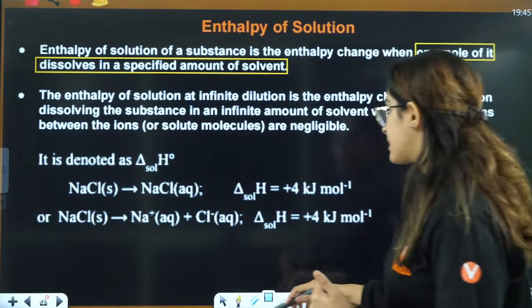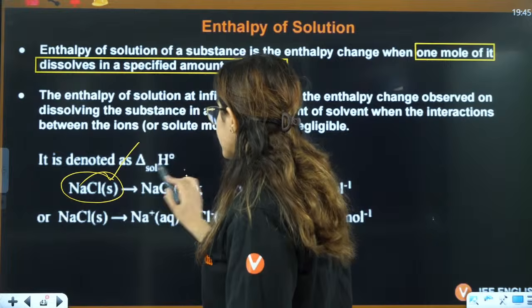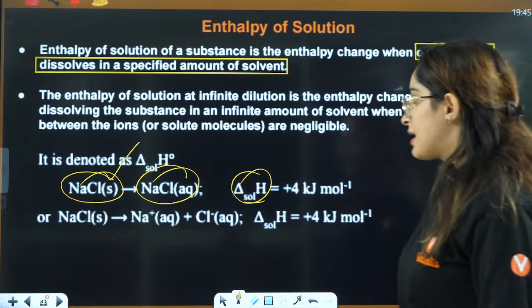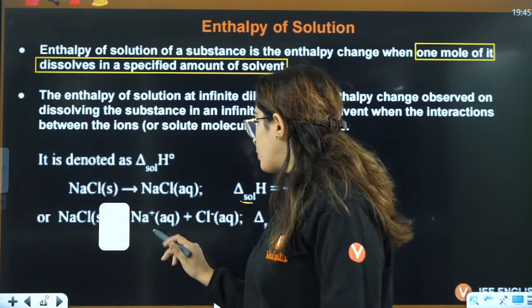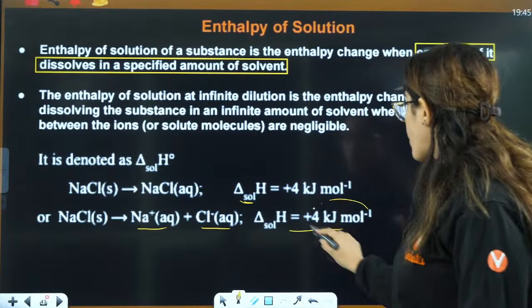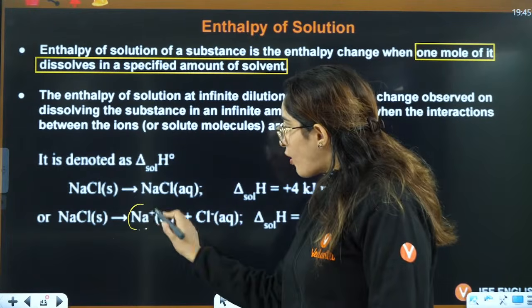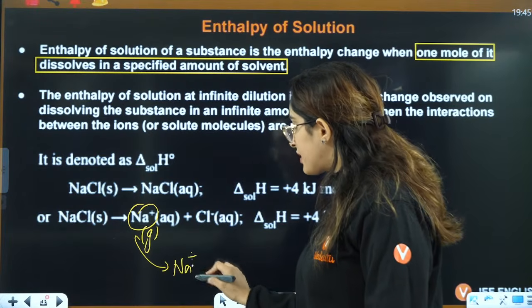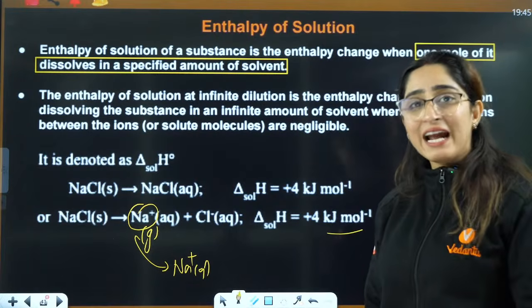For example, you have NaCl solid that is converted to NaCl aqueous, that is enthalpy of solution. NaCl solid, then further converted to aqueous ions, that is also called enthalpy of solution. But if Na positive in the gaseous state is converted to Na positive in the aqueous state, that is called enthalpy of hydration.